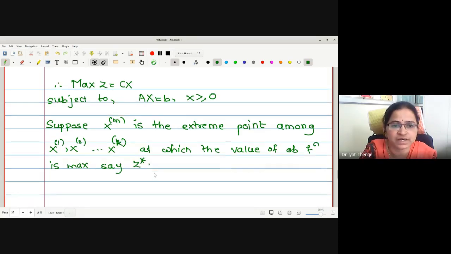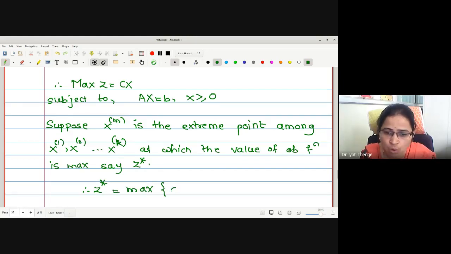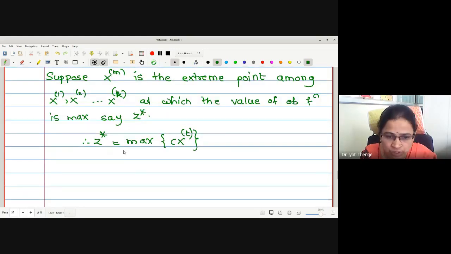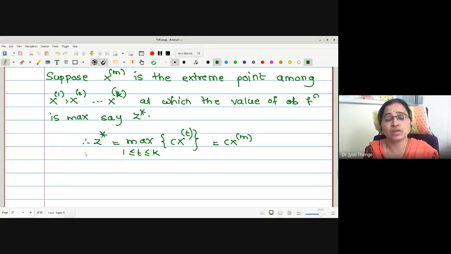What is z star? If I put xm in this equation, the value of the objective function will be z star. That is, z star is the maximum among all cxt, where t is between 1 and k. Correct? And this is nothing but cxm. Z star is cxm. Among the values of the objective function at the extreme points, the mth extreme point gives us the largest value, or maximum value.